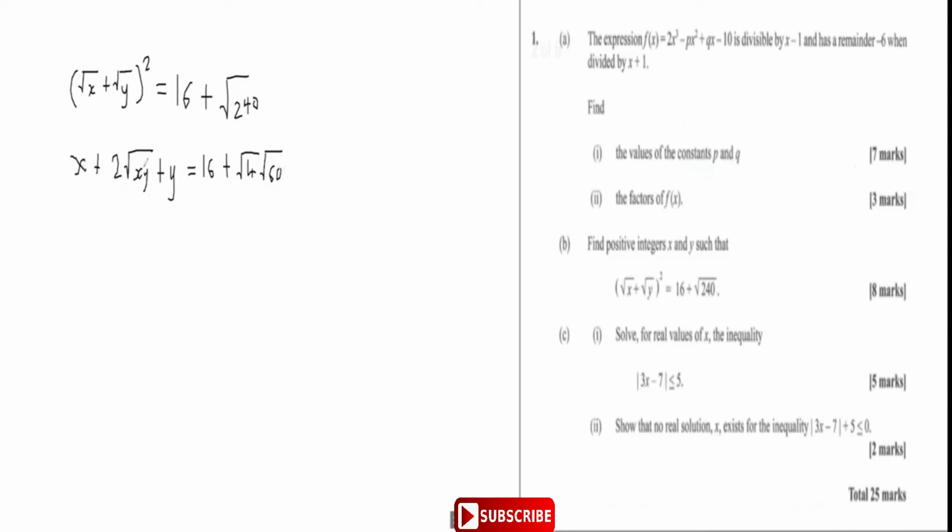So I'm just going to group them together, grouping the terms without square root: x plus y plus 2 times the root of xy, and that is equal to 16 plus the square root of 4, which is 2, times the root of 60. Nice and easy.